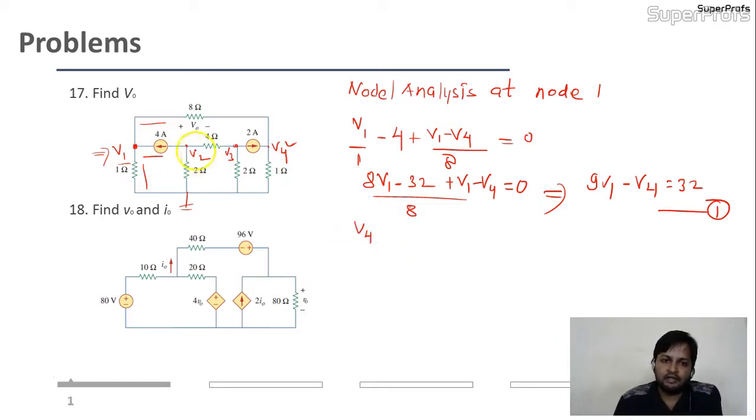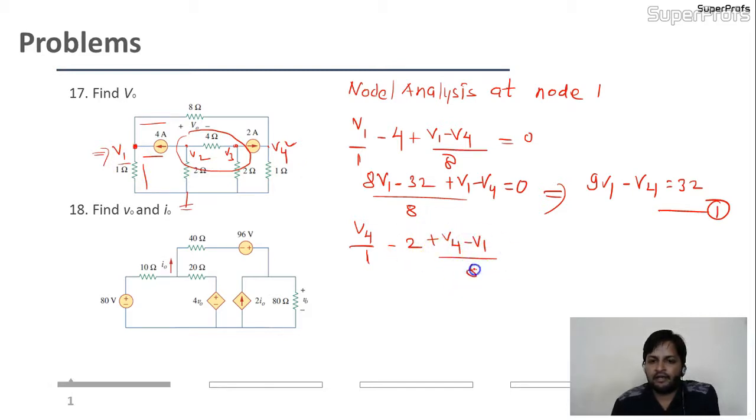Don't write the KCL equation for the other nodes. Why? Because we want V naught and we get V naught by applying the nodal analysis on these 2 nodes only. So V4 divided by 1 minus 2, the incoming current, plus V4 minus V1 divided by 8 equal to 0.